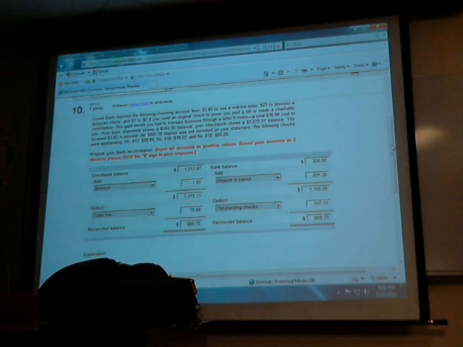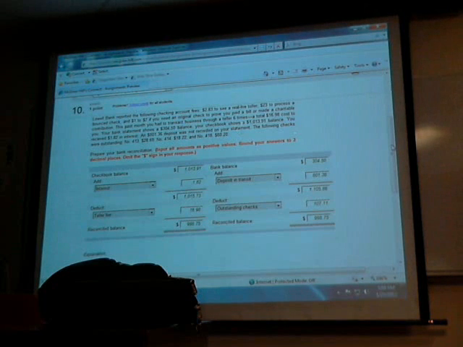Now, a deposit for 801.36 was not recorded on your statement. Don't be confused by the word statement there. Look at the word your. But actually, it is referring to the bank statement. So there it is right there. Deposit in transit, 801.36.